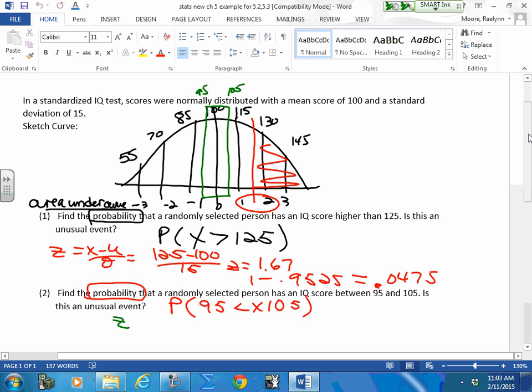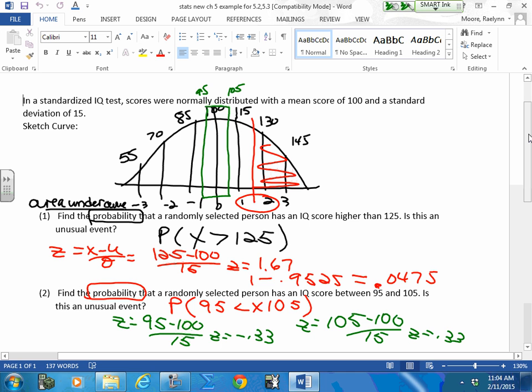I can find my z-score for 95. And therefore, shouldn't I already know my z-score for 105 without doing it? Isn't it symmetric about the mean? So what would my z-score for 105 be? I could do it if I didn't remember. But 0.33.